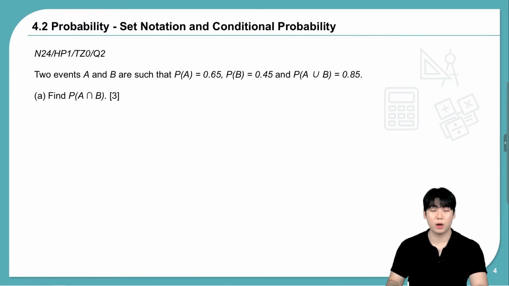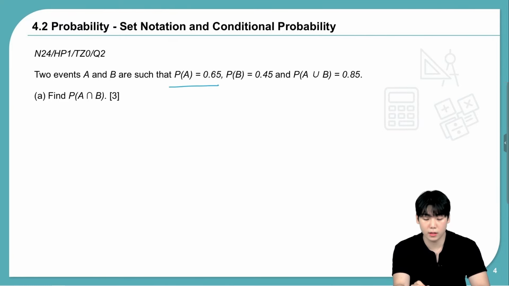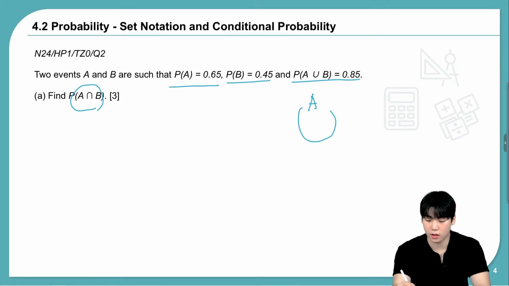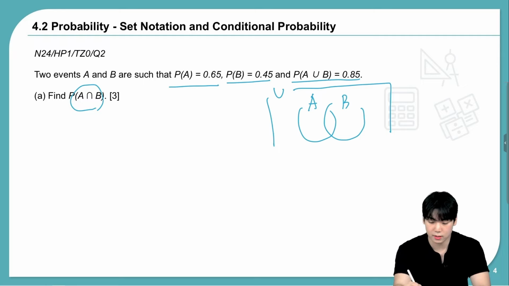The second question is about probability. We're given the probability of A, we're given the probability of B, and the union of A and B. And we are further asked to find the intersection of A and B. If I were to illustrate this using the Venn diagram, that's how I'm going to write it.